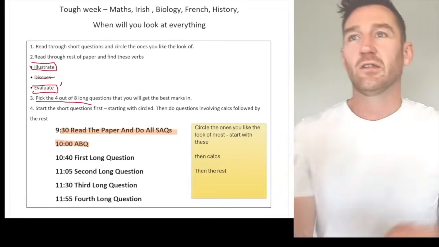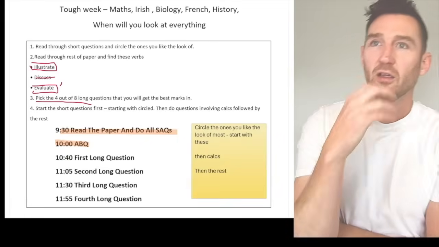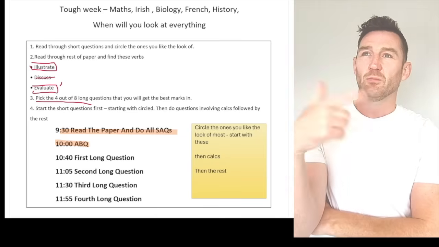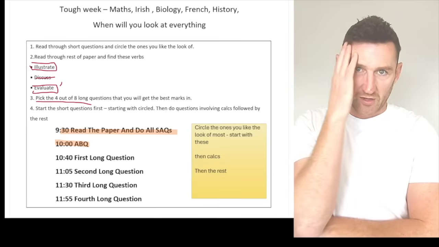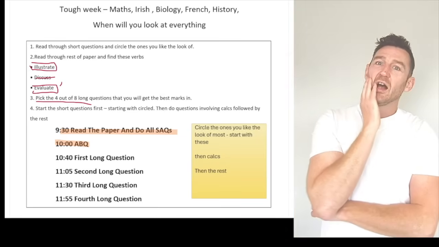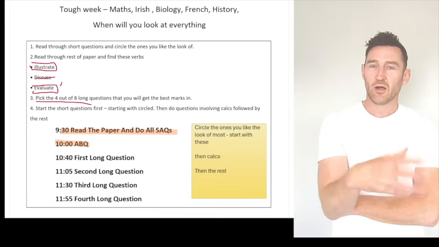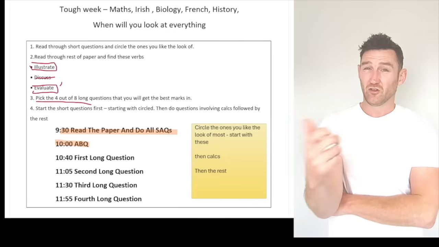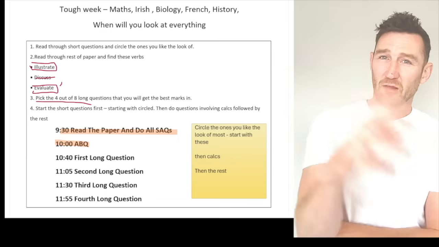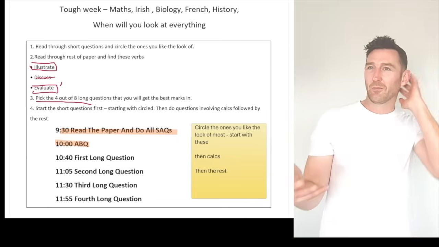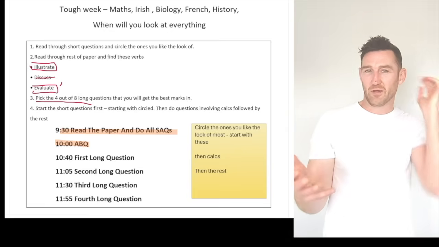If you think about it, you've had a first week with a couple of big exams, then you've got that weekend, and then on the Monday you're heading into Irish and maths paper 2. And then if you've got some big-hitting subjects after that, like biology, French, history on the Tuesday and the Wednesday, business is on the Thursday. So what's the likelihood that you look at business the weekend before?